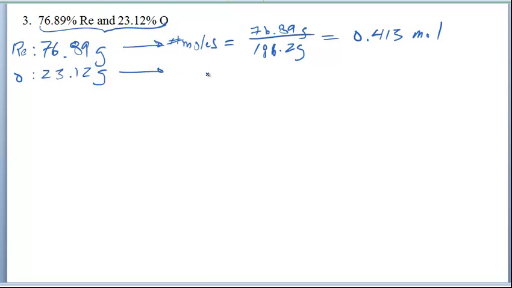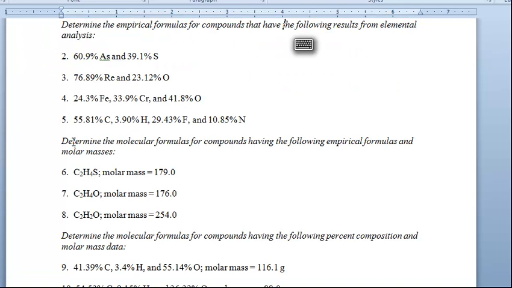All right, what about oxygen? To get the moles of oxygen, we take 23.12 grams, divide by the atomic mass, 16.0 grams, and we find that we have 1.445 moles of oxygen.